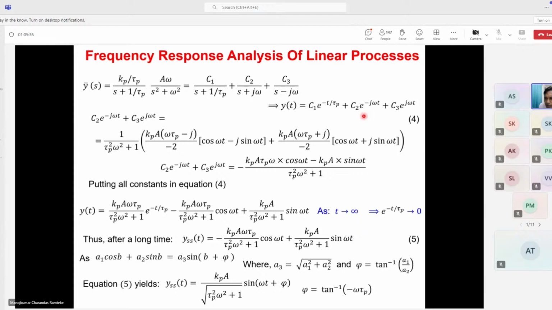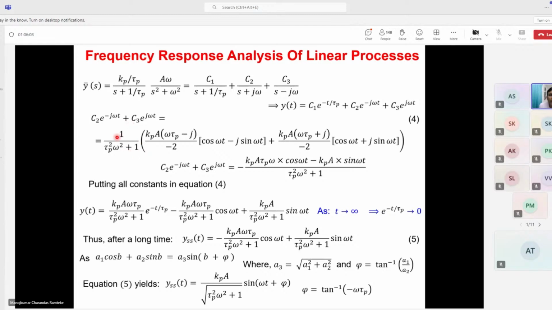Now let's concentrate only on these last two terms. So these last two terms are C2 e raised to the power minus jωt plus C3 e raised to the power jωt. Now put C1, C2 and C3 here. In this case, C2 is given as KPA(ωτp minus j) divided by minus 2(τp²ω² plus 1).